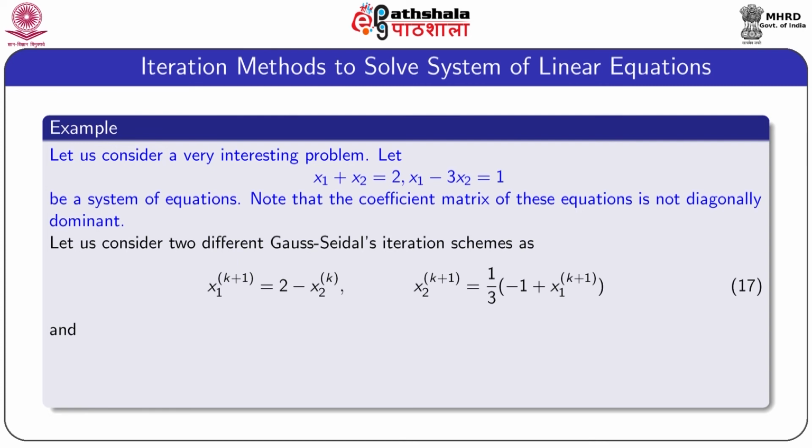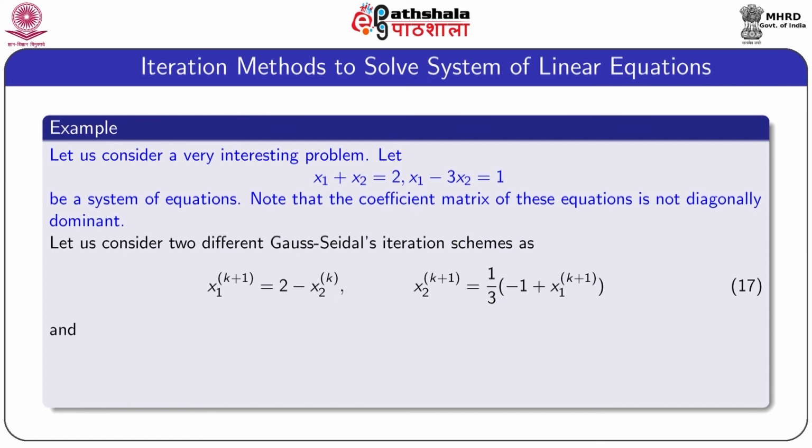So, for this system of equations we consider 2 iteration schemes. From the first equation we obtain the value of x1 at the (k+1)th iteration equal to 2 − x2_k, and from the second equation we obtain the (k+1)th iteration scheme for the variable x2, which is equal to (1/3)(−1 + x1_(k+1)).